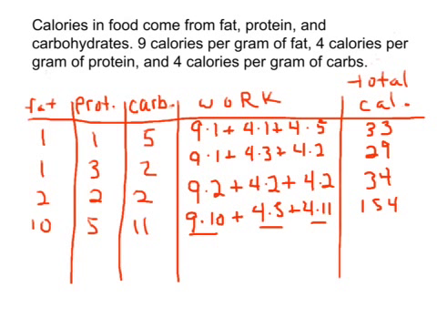So how do we write this expression in general? Let's use some letters to represent the amount of fat, protein, and carbs. I'm going to call them F, P, and C. So our variable expression is 9 times the number of grams of fat, plus 4 times the number of grams of protein, plus 4 times the number of grams of carbs.